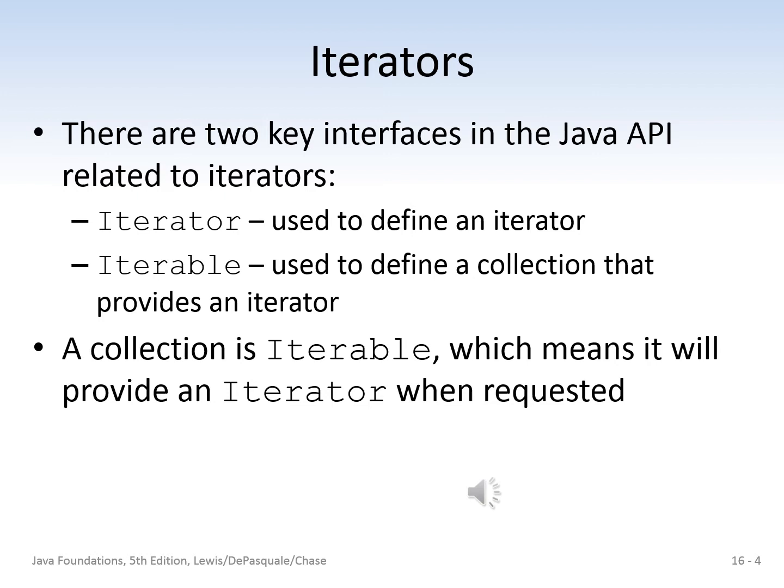It is said that a collection is iterable when it provides an iterator as requested. I know that sounds confusing, but we are going to drill down on this and simplify that so that it is much easier to understand.